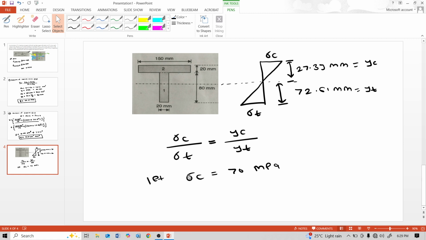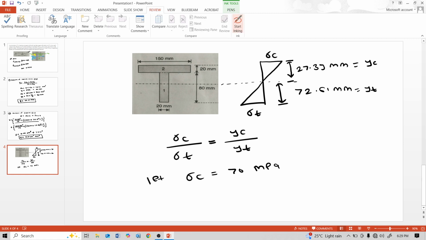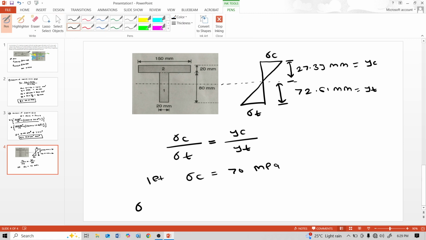So sigma T is equal to YC upon YT multiplied by sigma C. YC is 27.39 mm divided by YT, 72.61 mm, multiplied by 70 MPa.